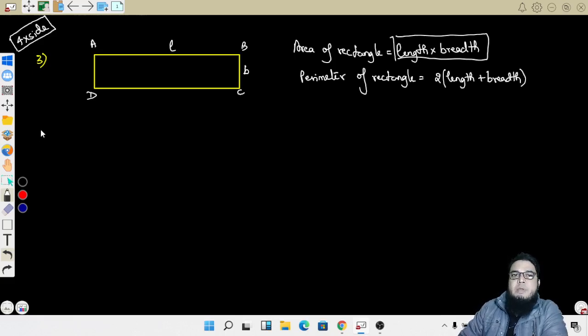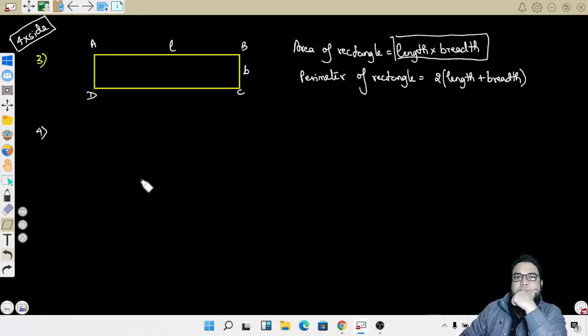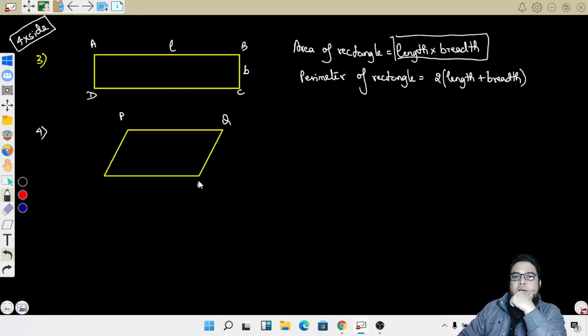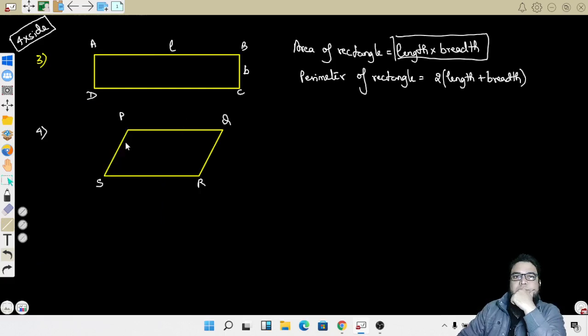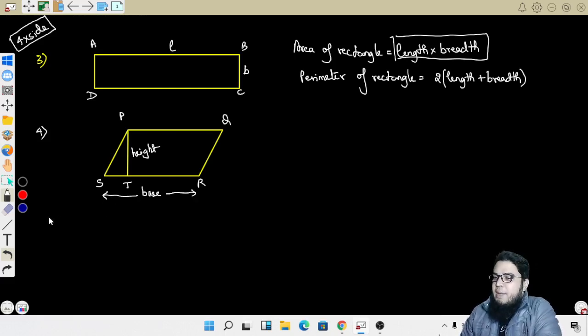Now coming to the next one, we have the typical parallelogram. This one is P, Q, R, and S. This one is the height of the parallelogram, and this will be considered as the base of the parallelogram.